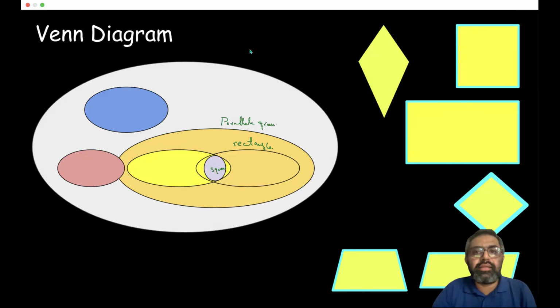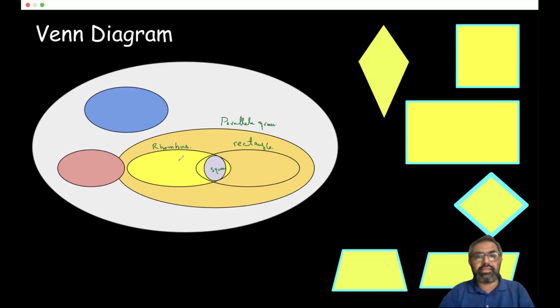So a square is part of the rectangle, and a square is also part of the rhombus. A rhombus is a parallelogram, but a rhombus may or may not be a rectangle. When it is a rectangle, in that case, a square is part of it.